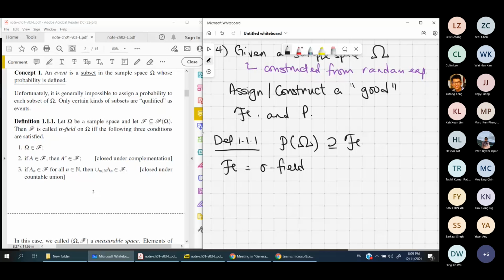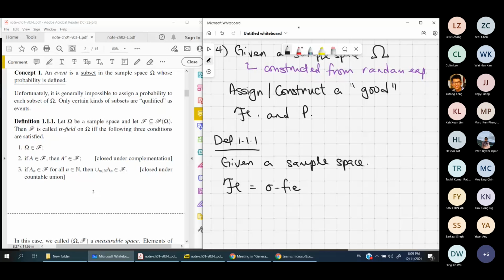Supposing we have a given sample space, we have an object F. We say that this F is a sigma field on omega.